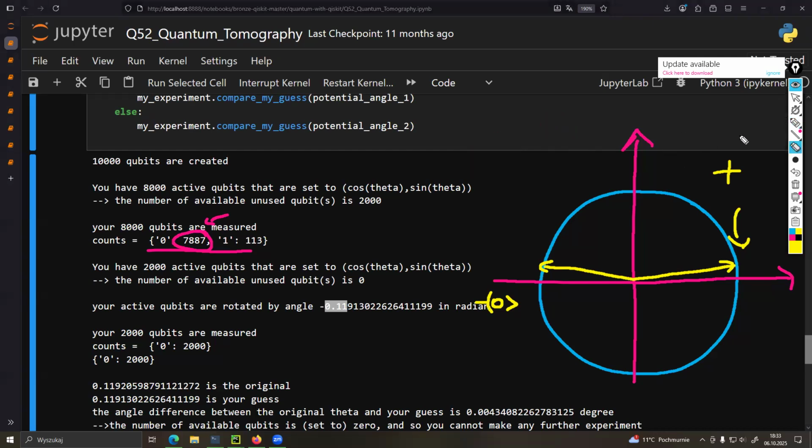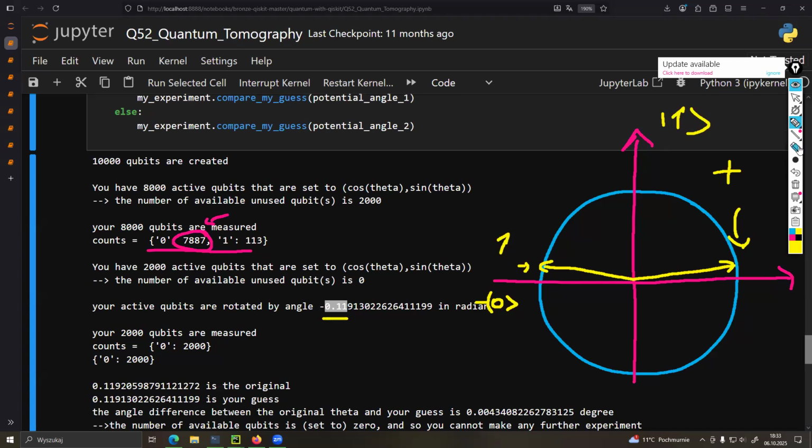So here, if I have applied this gate with this rotation of negative 0.1 radian, if I was in this state, I would have observed more counts towards the one.